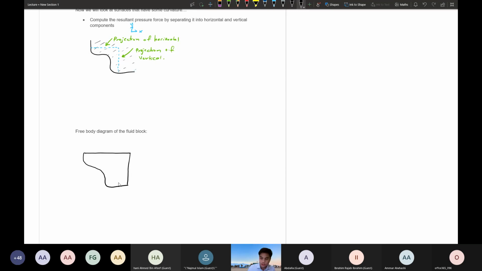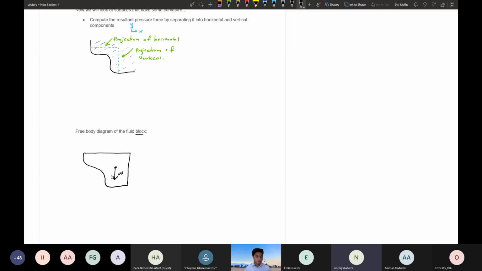So what do you think of the forces involved in this? We call it a fluid block. What kind of force do we have? The weight, perfect. And at which location? The weight acts at the centroid, the center of the block.